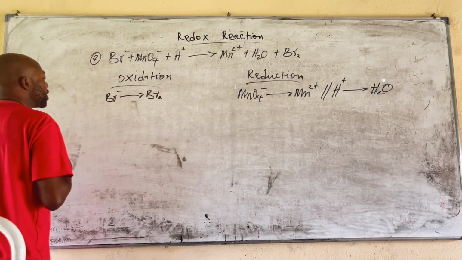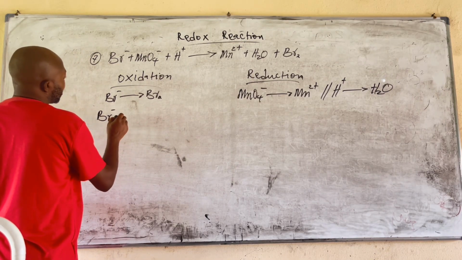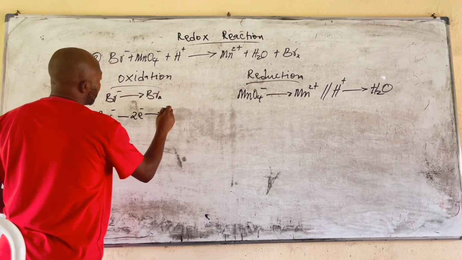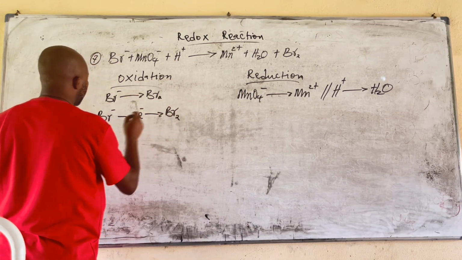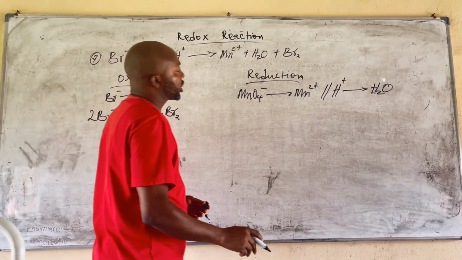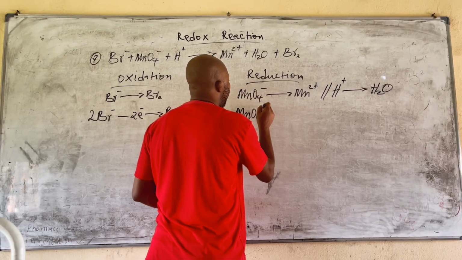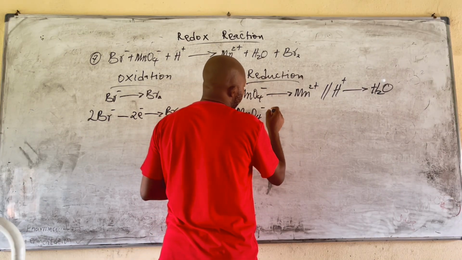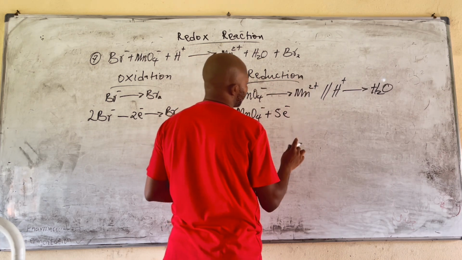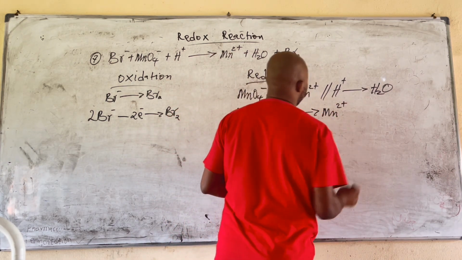We say oxidation is the loss of electron. Bromine charge lost 2 electrons because of these 2 here to give us bromine molecule. That 2 must also be here. Now, reduction is the gain of electron. I have MnO4 minus gain 5 electron, 7 to 2 is 5, to give me Mn2 plus.